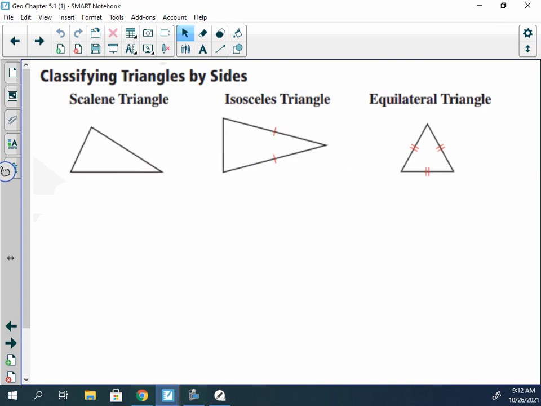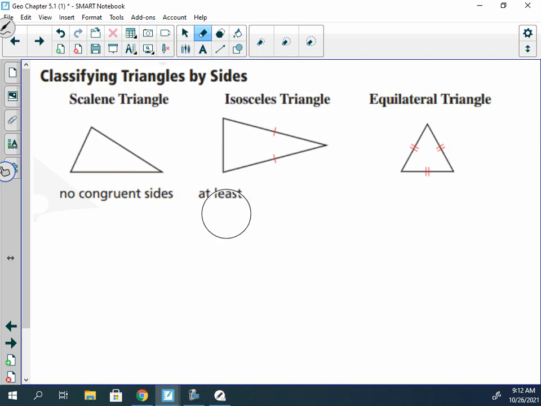What we're looking at today is some of the real basic principles of triangles. The first thing we have is classifying triangles based on their sides. We have three different types of triangles: scalene, isosceles, or equilateral. Doing the vocab sheet yesterday, we know that a scalene triangle has no congruent sides.